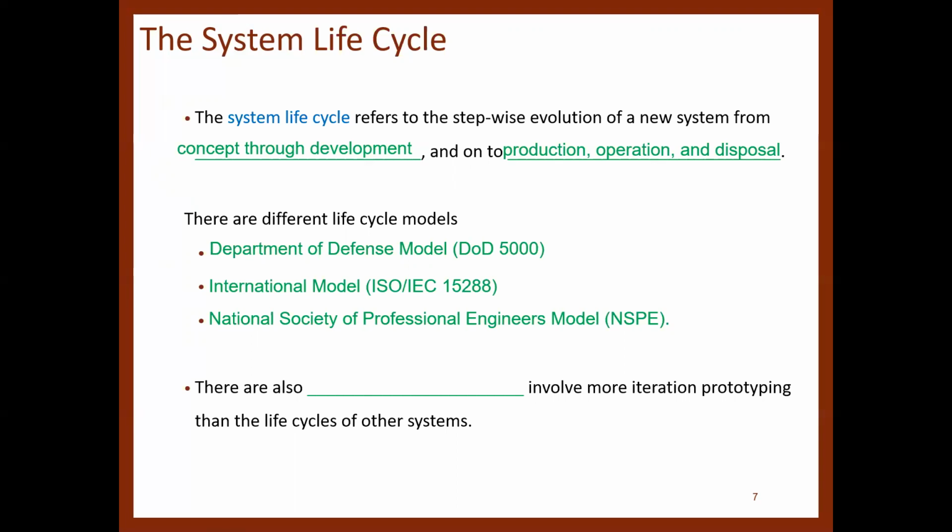I will show you those in a minute, and you will understand that even though they have different steps, if you look at the steps with attention, you will see that they are kind of the same, and they're trying to model this. At the end, they're similar. There are also software lifecycle models, which involve more iteration, prototyping, and life cycles of other systems.